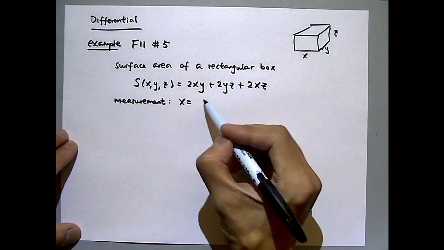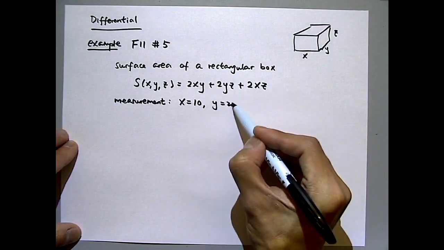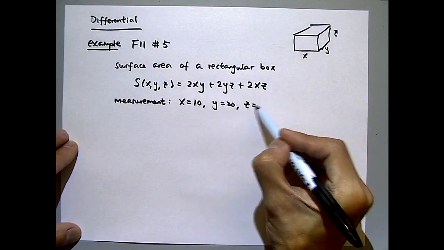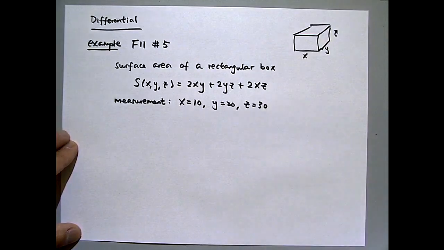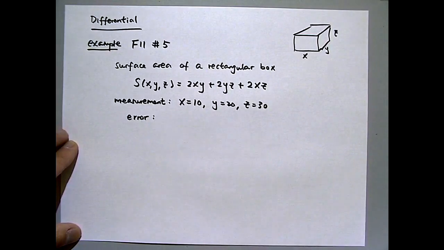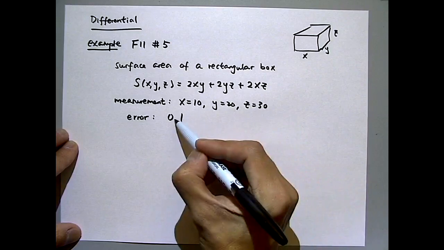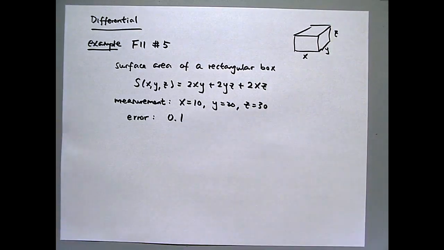Here we measured x to be 10 centimeters, y is 20 centimeters, and z is 30 centimeters. And the measurement errors are 0.1 in each of these.